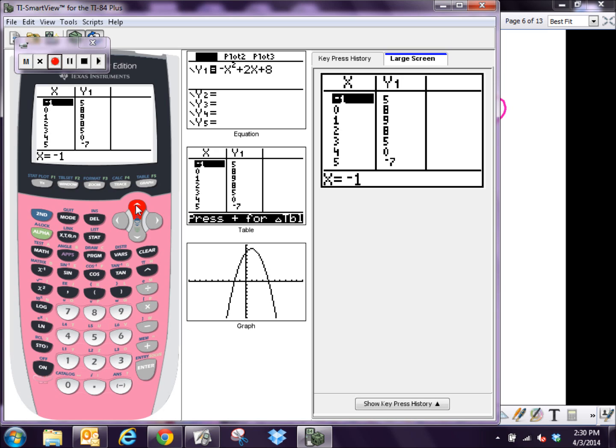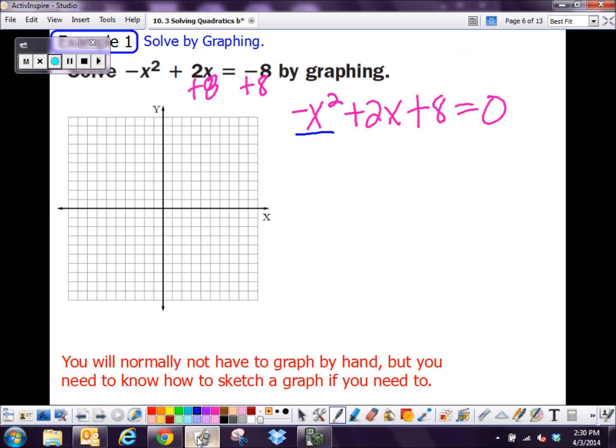Okay, so my first point was (-1, 5), and I'm going to go up one more to (-2, 0) because that gets me my 0. That's a little easier to graph. Okay, so I'm going to first start at (-2, 0). Okay, that's actually my 0 here. That's my x-intercept. And then I have (-1, 5), which is right there.